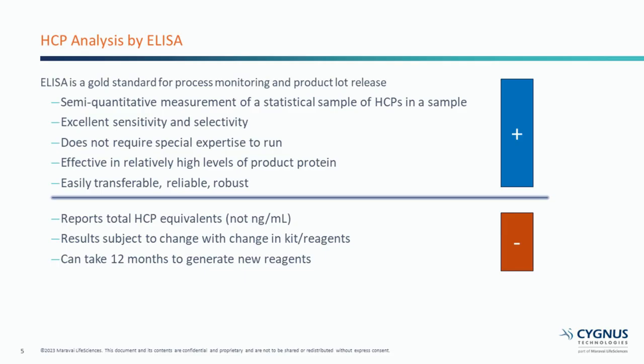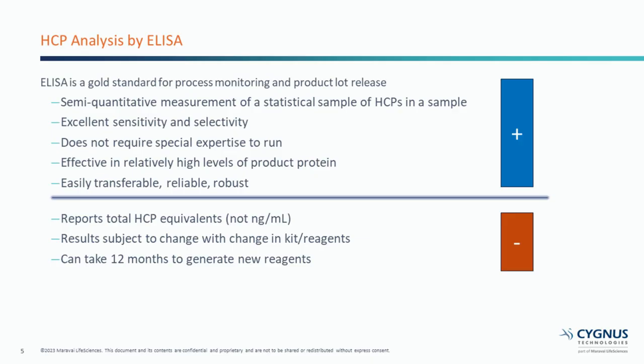Unfortunately, the HCP ELISA also has some limitations. At the end of the assay, you read the plate and the software reports a result for each sample. This result does not tell you anything about what HCPs are in the sample or which HCPs the assay reacts to. We also know that ELISA is a semi-quantitative measurement of a statistical sample of the host cell proteins in a sample. It does not actually measure nanogram per mil.